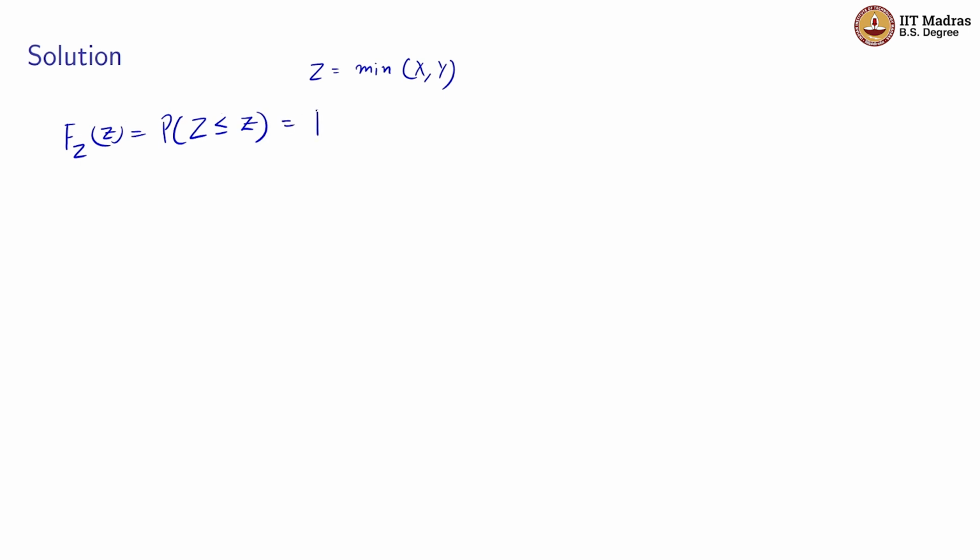And what is Z here? Z is the minimum of X and Y. So the probability that the minimum is less than or equal to some small z, this probability we have to find. And this can be written as 1 minus the probability that the minimum of X and Y is greater than z.